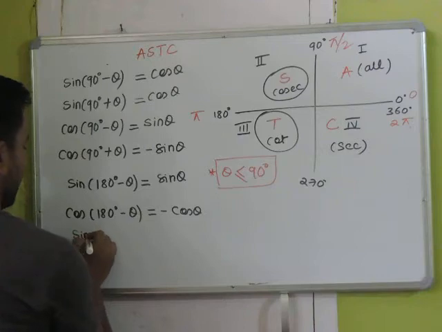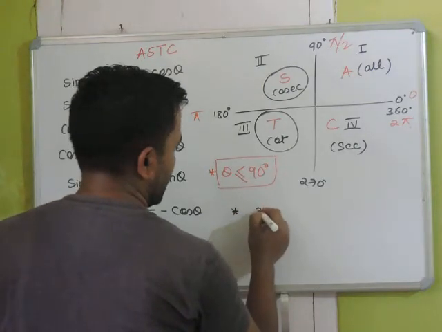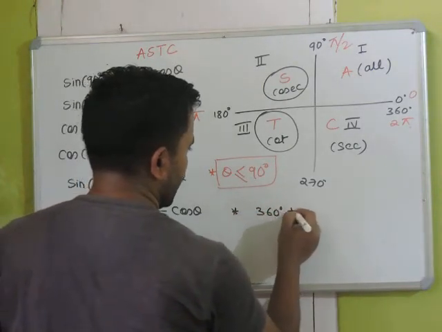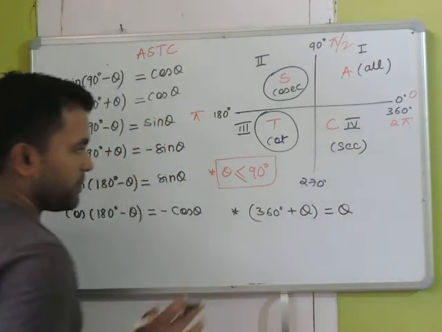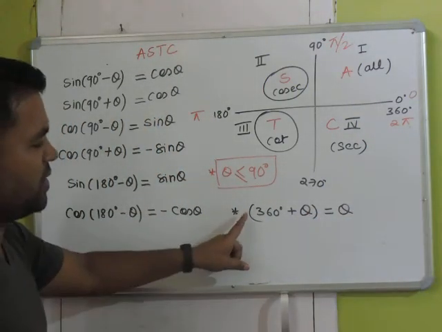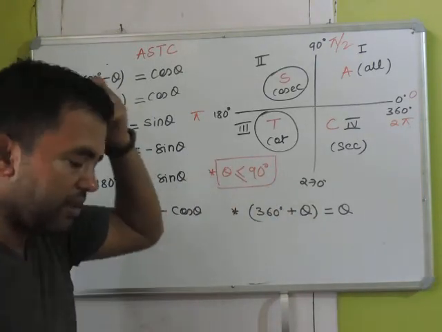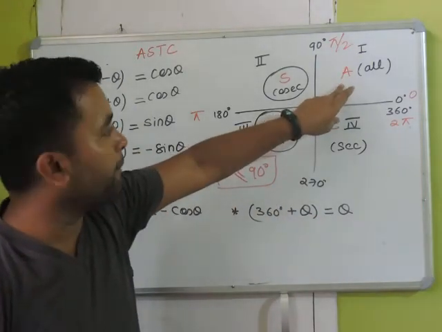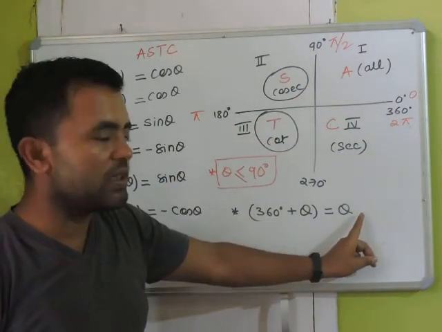Let me add one or two more. For any function, 360 degree plus theta will be equal to theta only. Means you put any function, let us say cos 360 degree plus theta. You are here and at 360 degree nothing is going to happen, so it will change into cos theta.